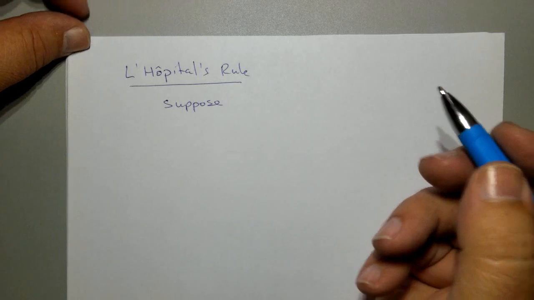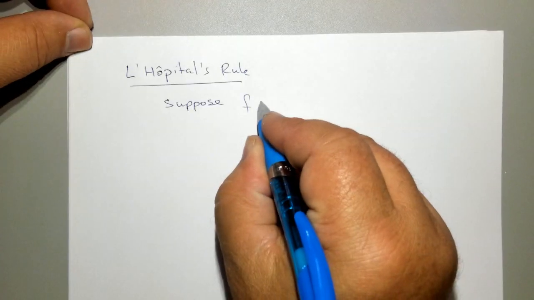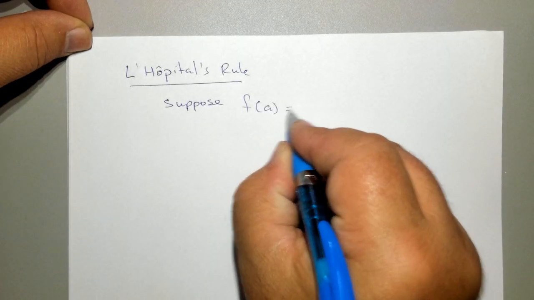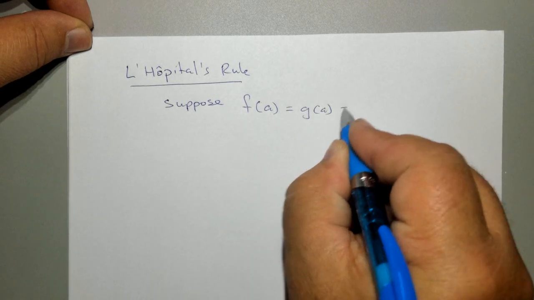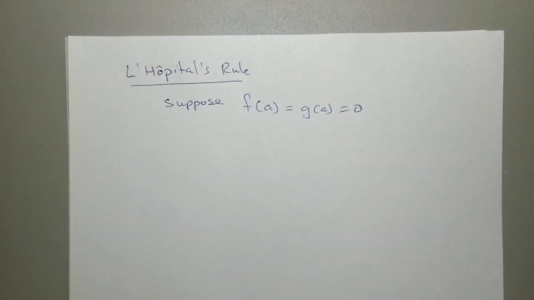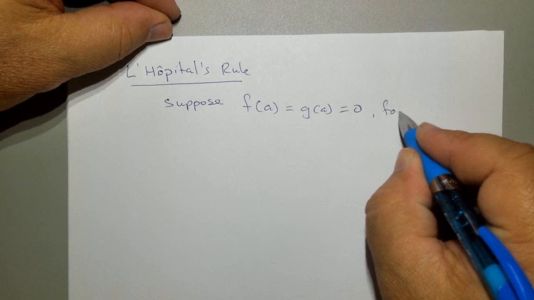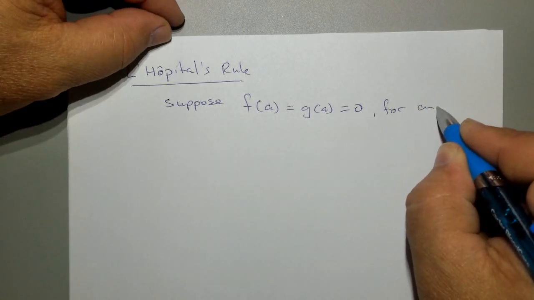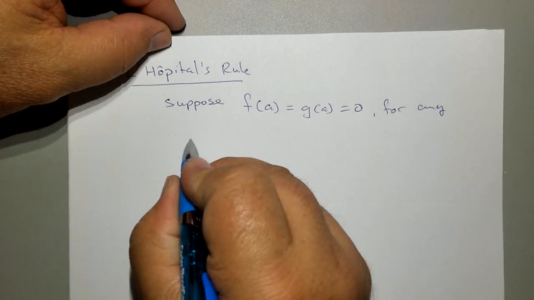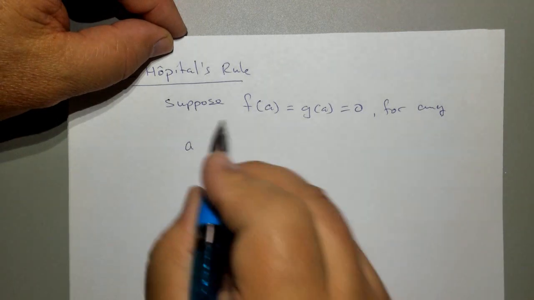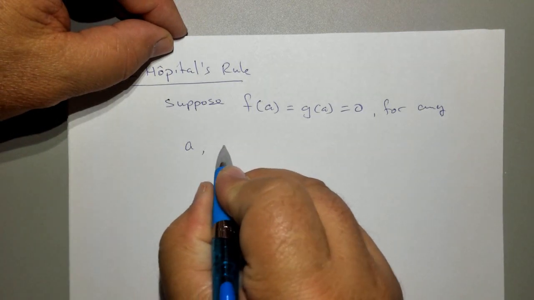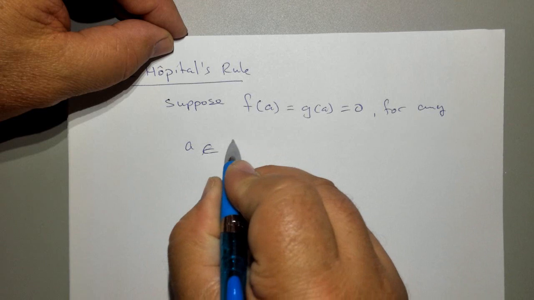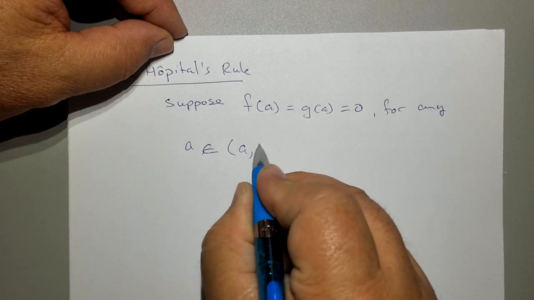Suppose, let me see what we have here. f of a and g of a equals 0, for any a in the interval (a, b).